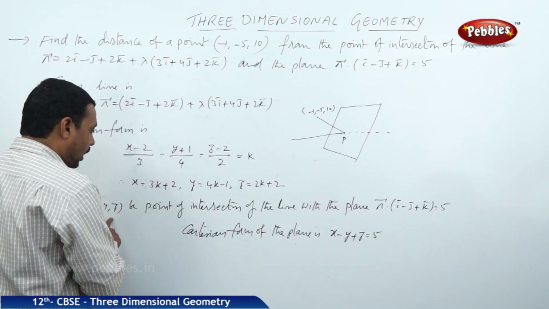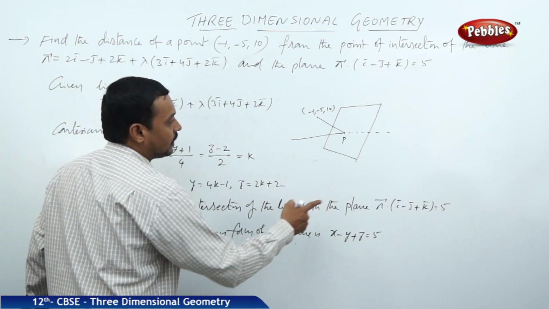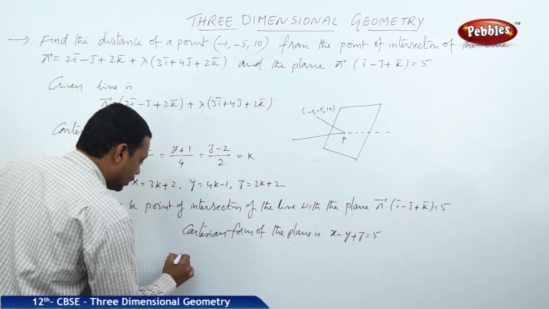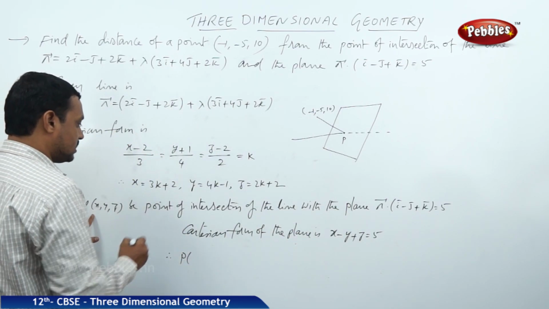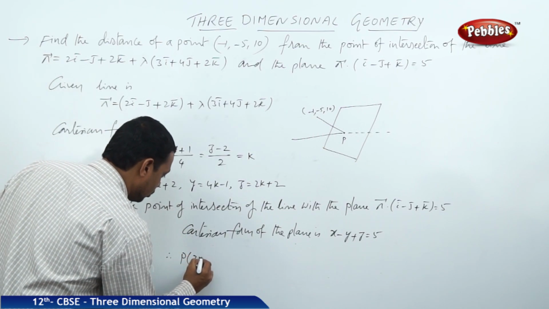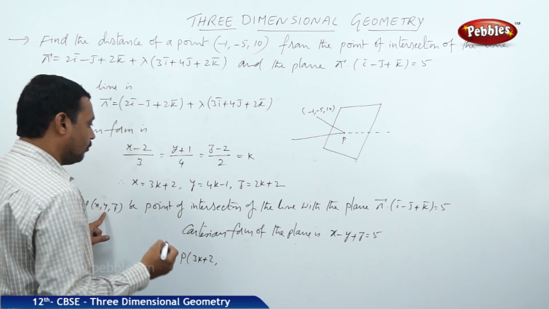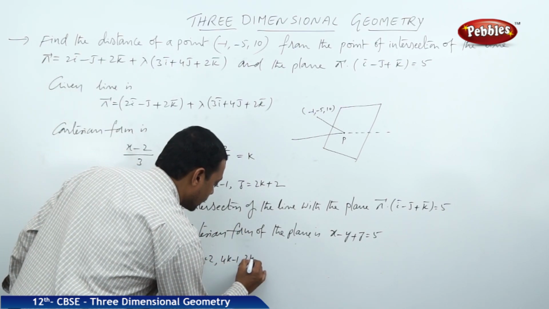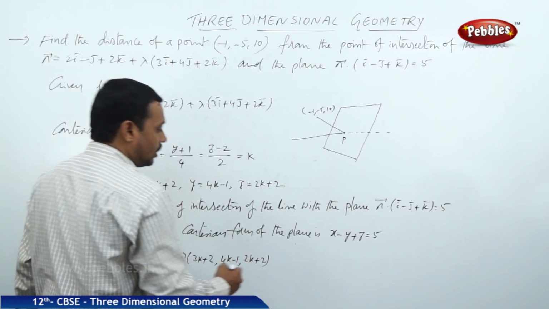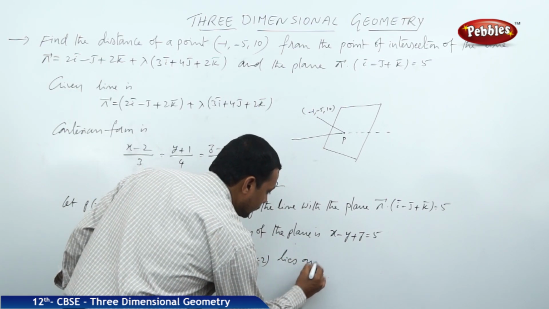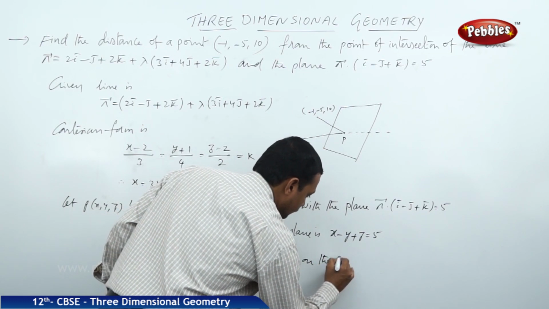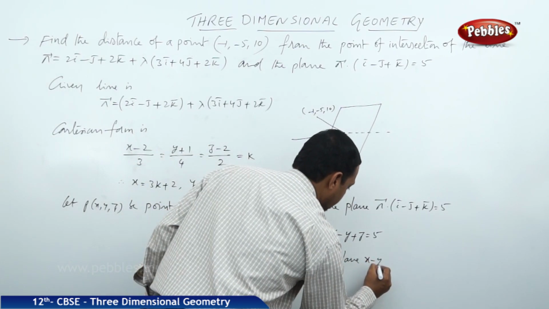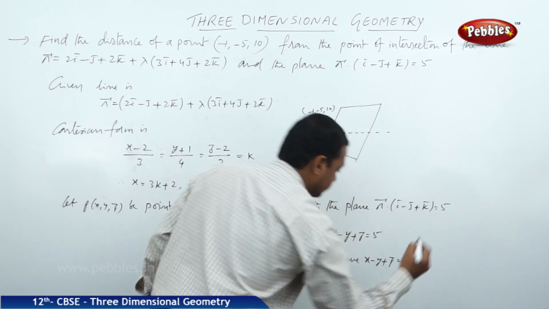Now, the point P is the point of intersection of the line and the plane, hence the point should be on the plane. Therefore, the point P(3k plus 2, 4k minus 1, 2k plus 2) lies on the plane x minus y plus z is equal to 5.